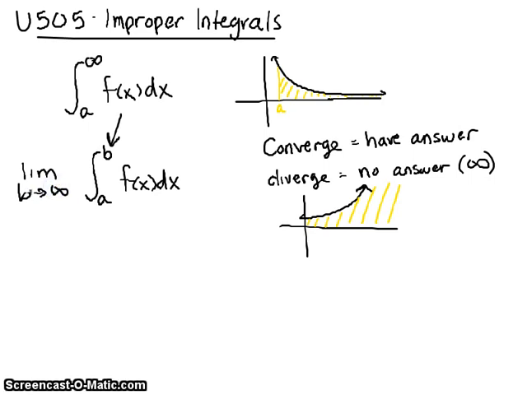And we're going to evaluate the limit there. So that's how we're going to get around taking an integral that goes to infinity. We're going to turn the infinity into a b, and then take the limit as b goes to infinity. So let's look at an example.